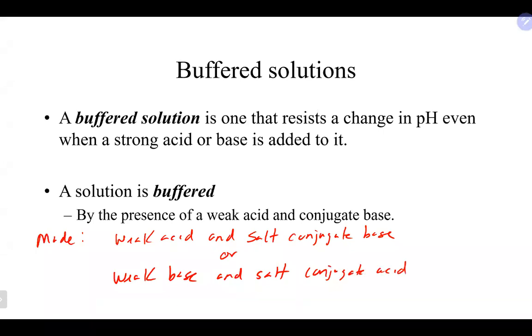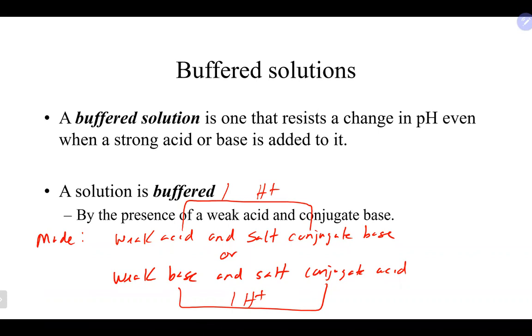What are those two things? Those two things are your Bronsted-Lowry definition. These two things basically differ by 1 H plus. That's one way you could recognize whether something could be a buffer: if the two things you want to make it out of are related to each other by 1 H plus, just like the Bronsted-Lowry acid and conjugate base pairs.